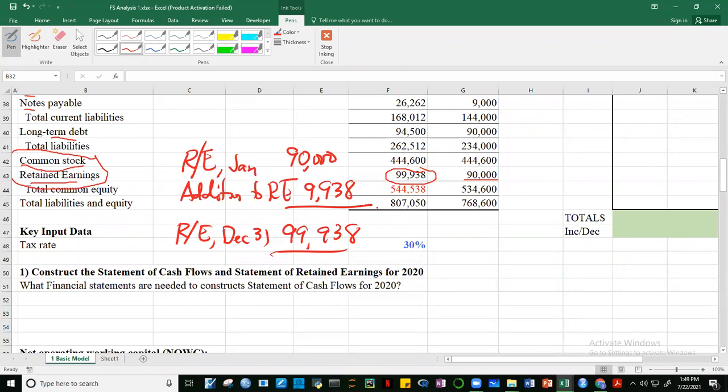Now, this is what we call the statement of changes in retained earnings. If we're only looking at retained earnings, this is called the statement of changes in retained earnings.